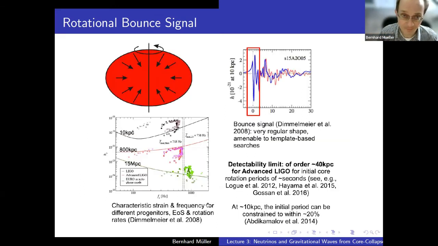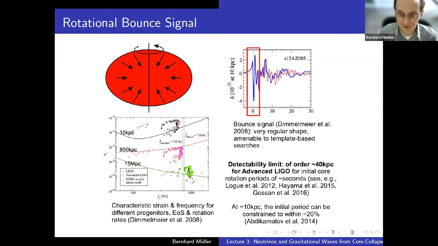Yeah, let's go on. So let's first talk about the rotational bounce signal. I should preface this entire discussion by saying that in some parts of the discussion of the gravitational wave and neutrino signal, we have to be a bit less quantitative.